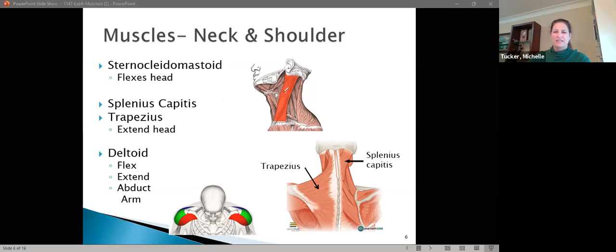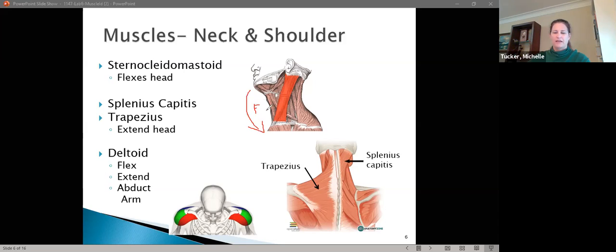When it contracts, its muscle action is to flex the head. And flexing the head brings the chin down towards the sternum. Okay, so flexing the head at the neck brings the head down towards the sternum. Okay, so that's flexion.